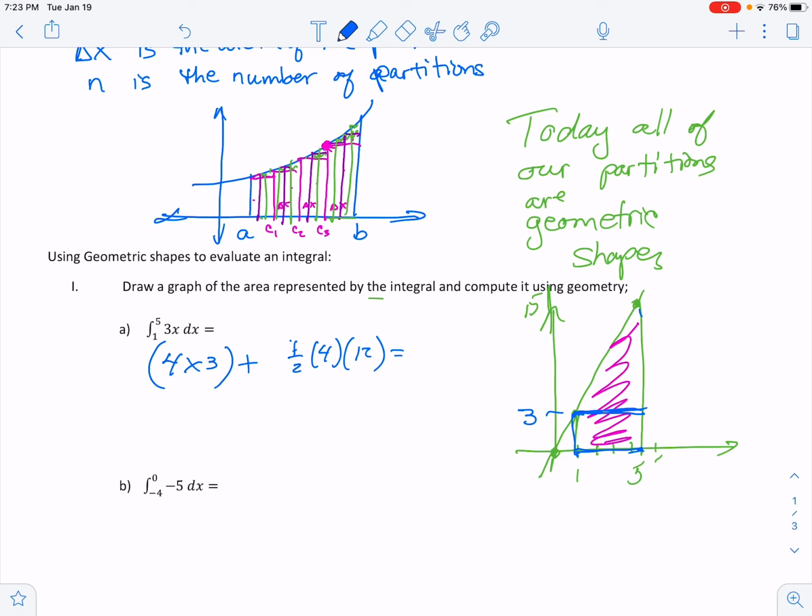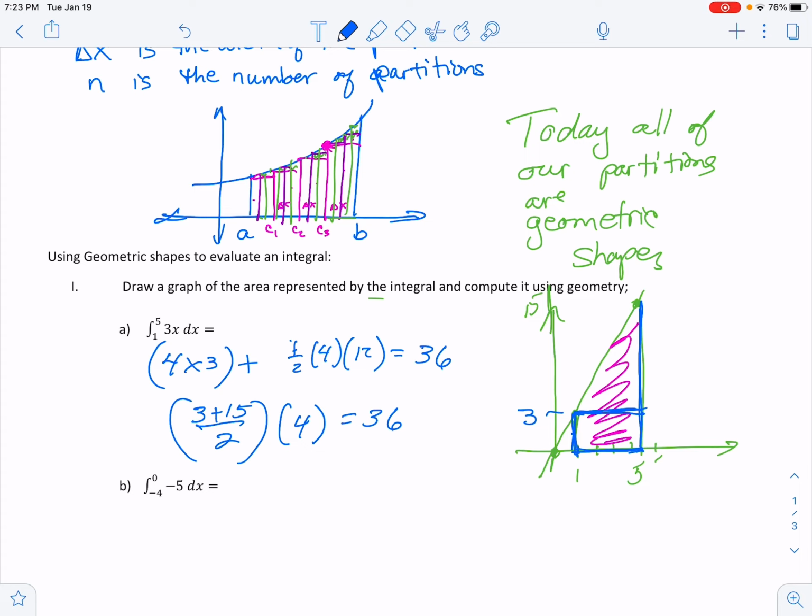And you end up with 36. Or you can do a trapezoid. You have this side is 3, and this side is 15. So it's the sum of the bases, 3 plus 15 divided by 2, times the width, which is 4, and you still get 36.